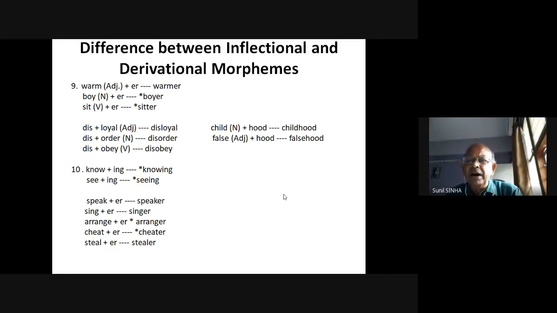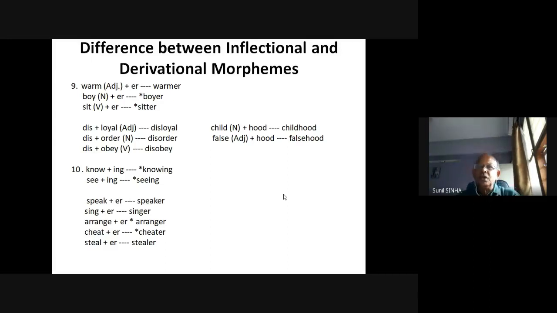Now, we do not have arranger, cheater, stealer. ER cannot be added to arrange, cheat, steal, sit. We do not have sitter. We do not have walker. We do not have jumper, one who jumps. Right.